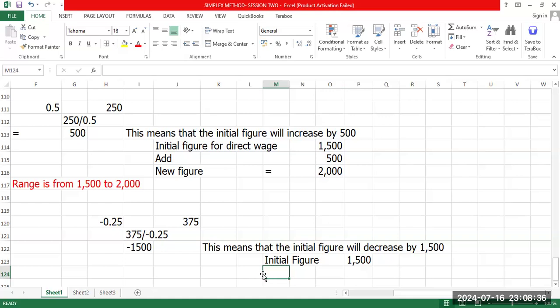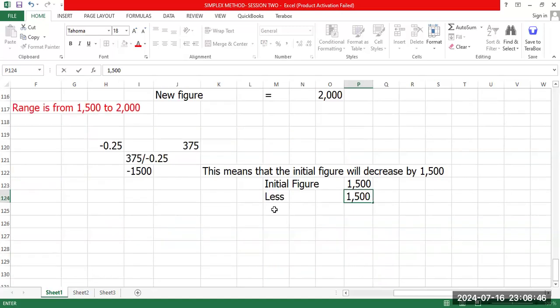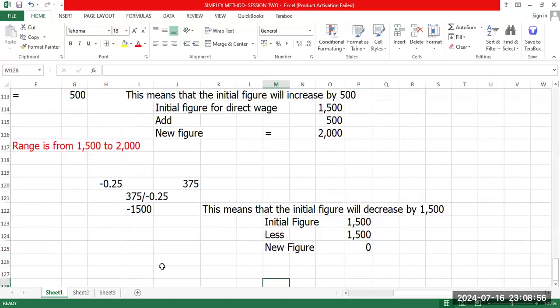Then we subtract 1,500, and the new figure is 0. So what is your range?